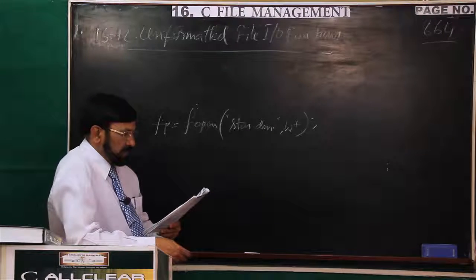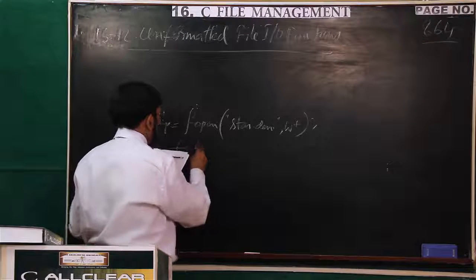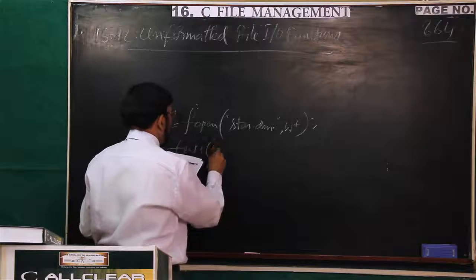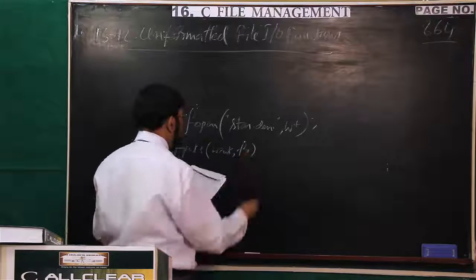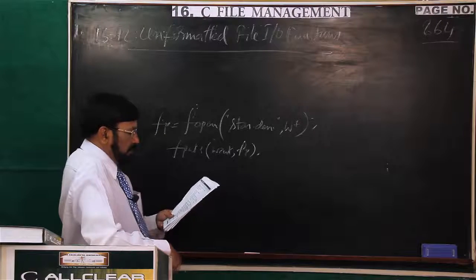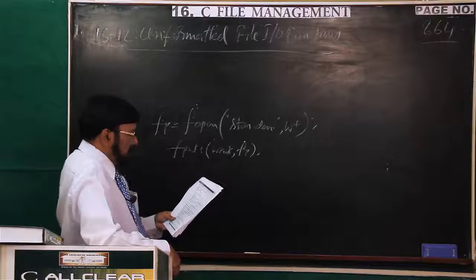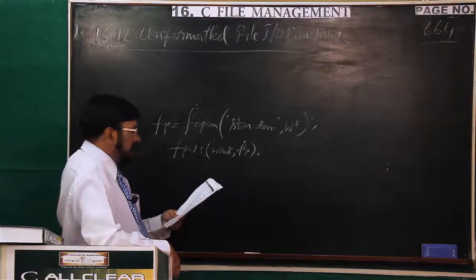Now here you see fputs, fputs want, fp. Already one string you have created, that is want. That string is written where fp points. That is the meaning. And rewind the file.